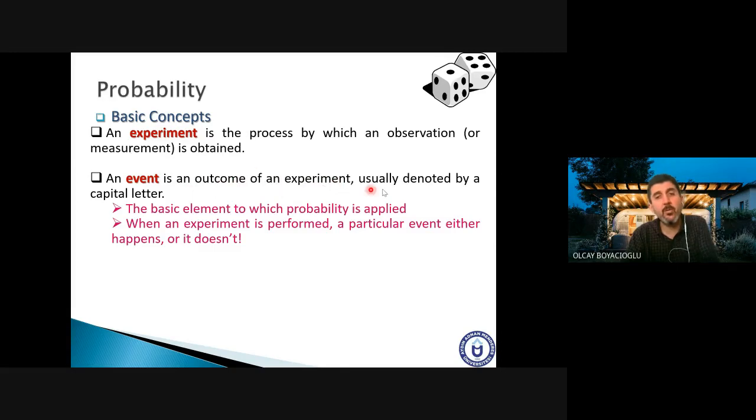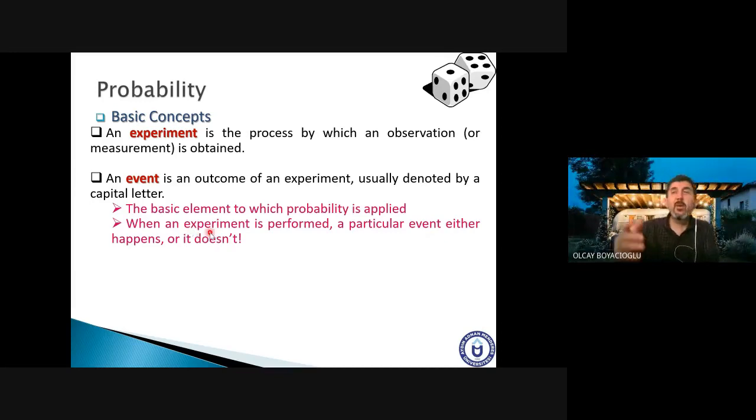Bir deneyin sonucudur diyor. Usually denoted by a capital letter. Generally, we use a capital letter to describe an event. The basic element to which probability is applied. Events are basic elements to which probability is applied.